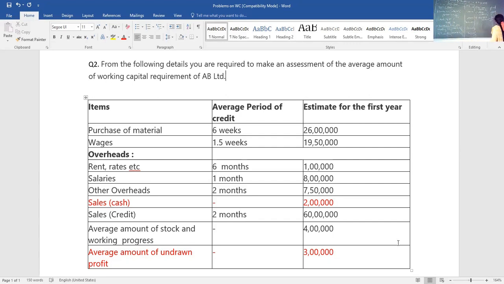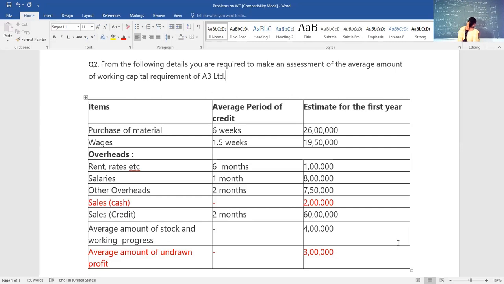Any other current liability to be written? No. Okay. So you minus all your current liabilities from current assets, and the difference is your working capital required, to which we will add any contingencies. Do we have any contingency according to the question? No, nil.